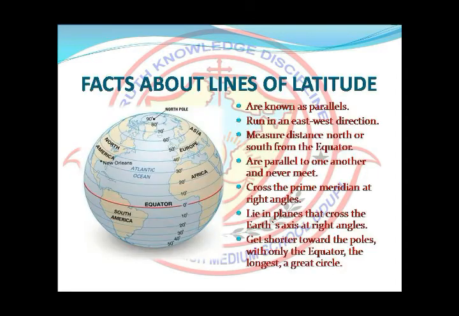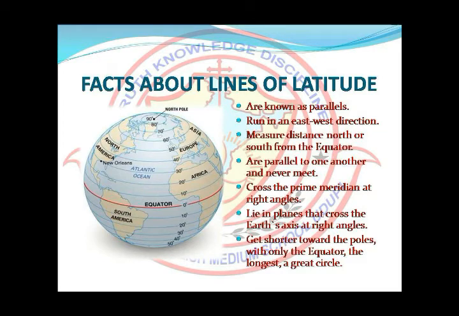Let's come to the properties of latitudes. The length of these parallel lines keeps on decreasing as we move away from the equator towards the pole. All the lines parallel to the equator form a complete circle except the North Pole and South Pole, which are points.